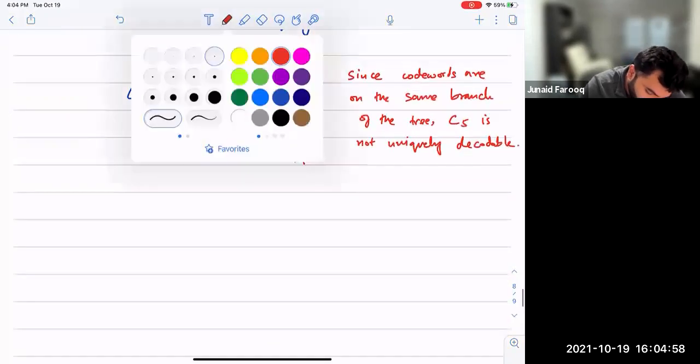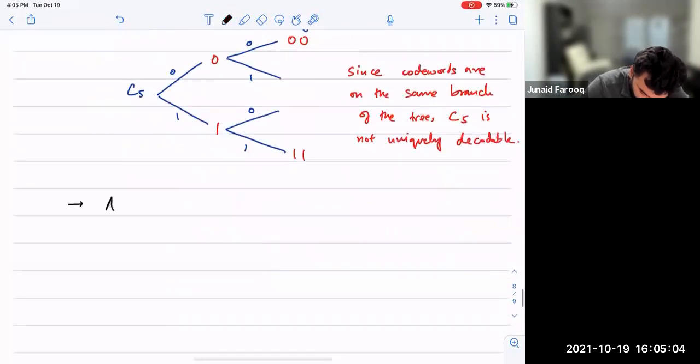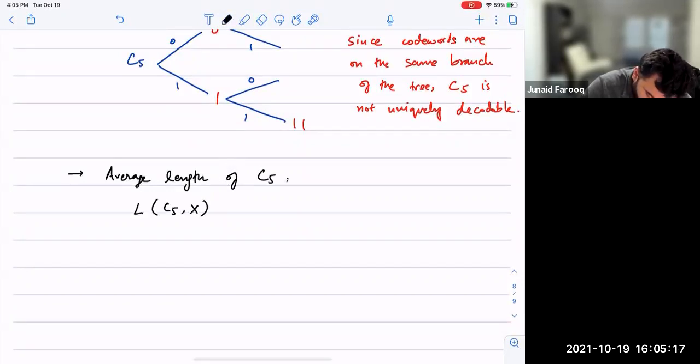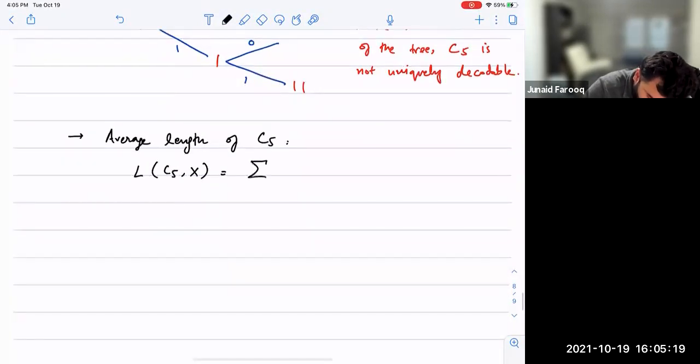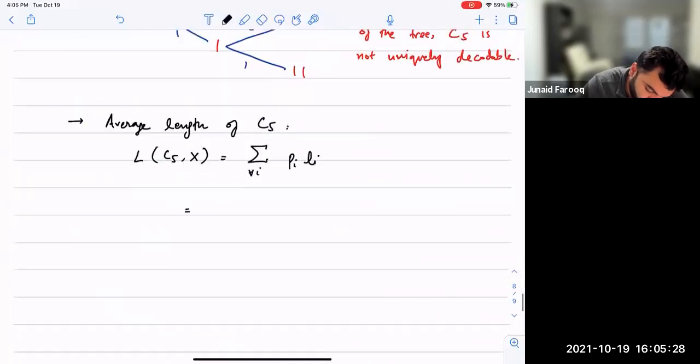Okay, now the second thing is about the length. So let's look at the average length of C5, which is L of C5 of X, and again for all i you do pi li, and in this case the lengths are 1, 1 and 2, 2.